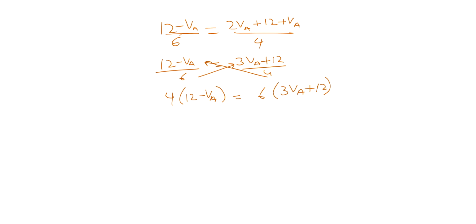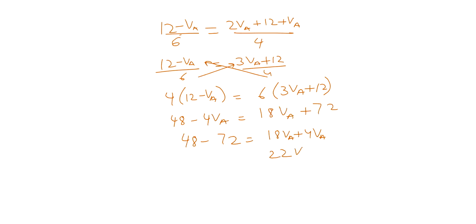So you solve it further. 48 minus 4 VA equals 6 times 3, which is 18 VA, plus 72. Solving for VA, 48 minus 72 gives you minus 24.